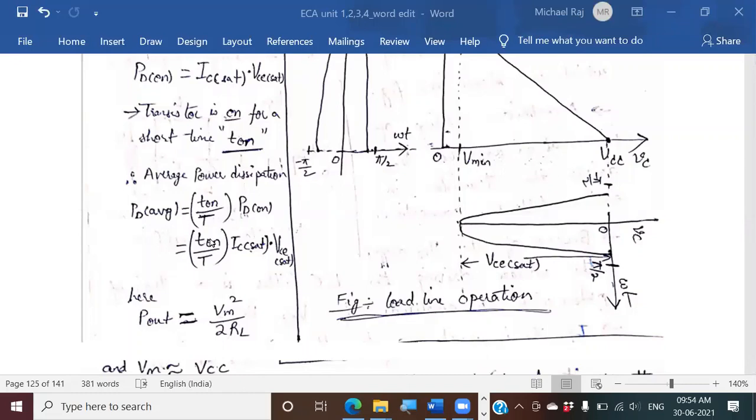Let me give you one small example for this. Suppose in a class, say this is a very peculiar class, there are 50 students. 20 students got 100 out of 100. 30 students got 0. So what will be the average?